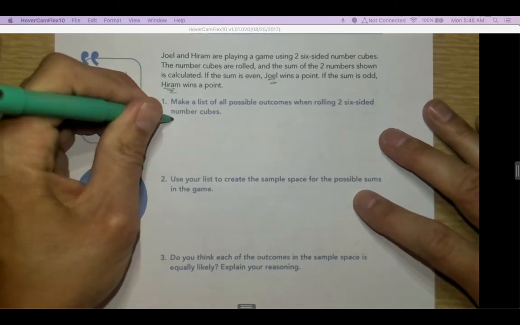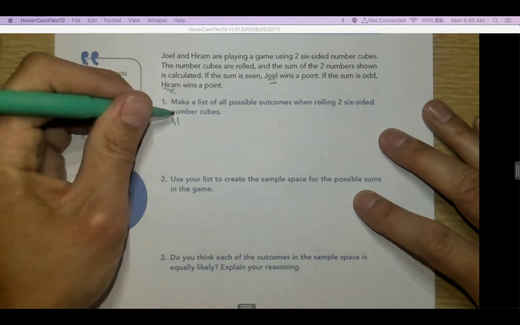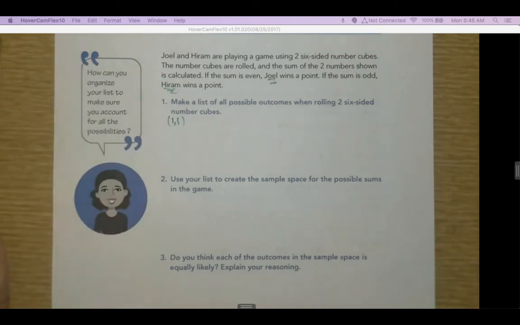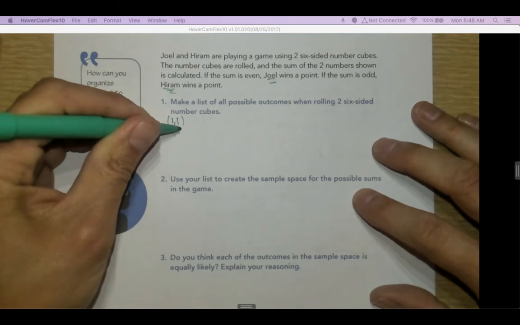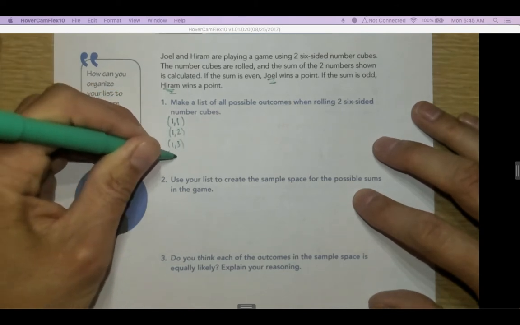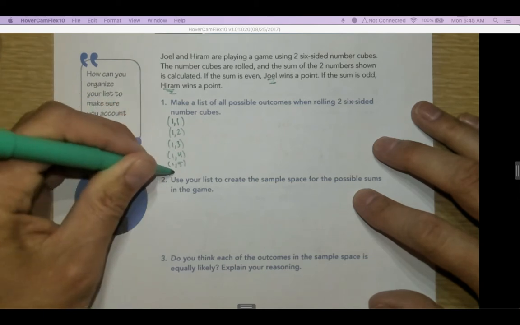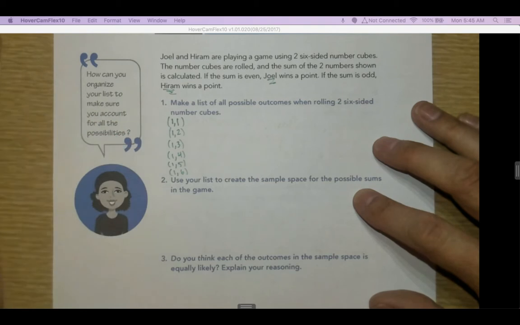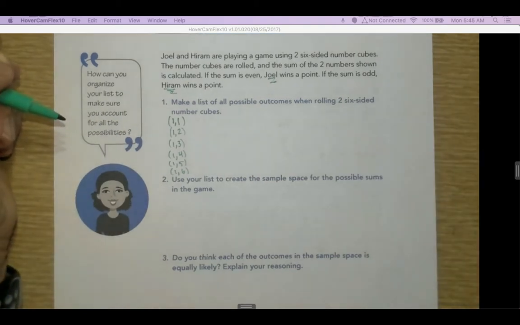So the first one could be a 1, and then the second one could be a 1. And maybe we'll just do all of the ones where it's 1. So the first one's a 1, then it's a 2. First one's a 1, then it's a 3. First one's a 1, then it's a 4. First one's a 1, then it's a 5. First one's a 1, then it's a 6. Okay? And that's all the possibilities if the first dice we roll is a 1.